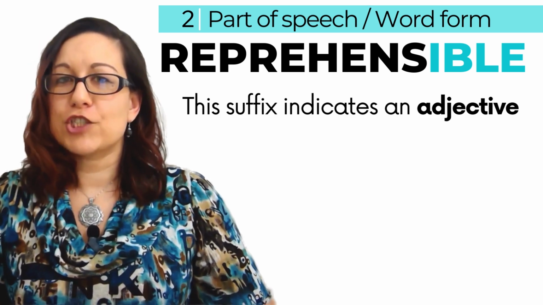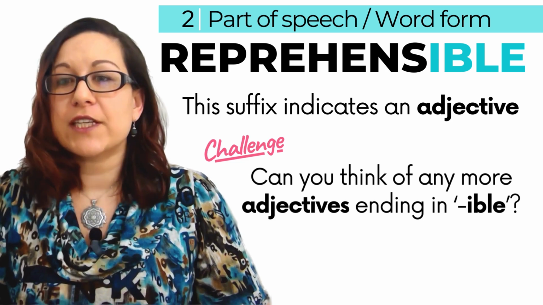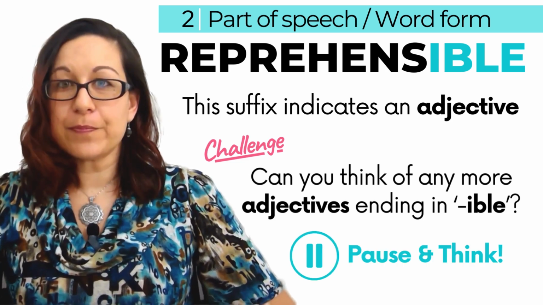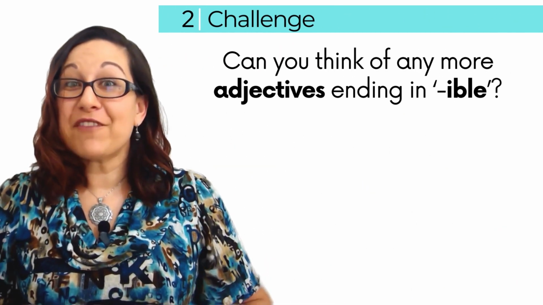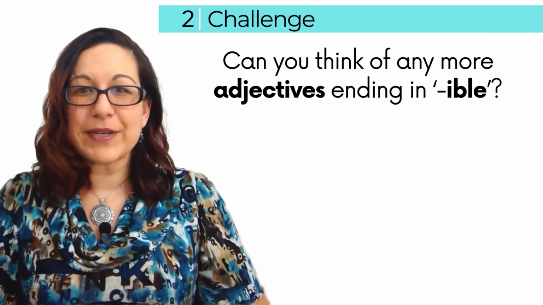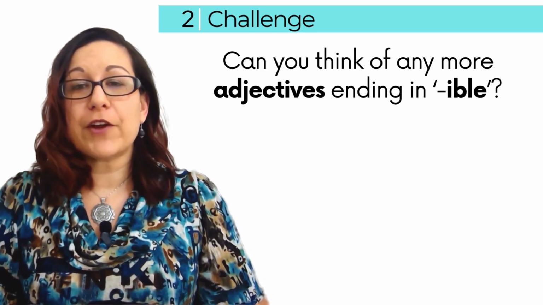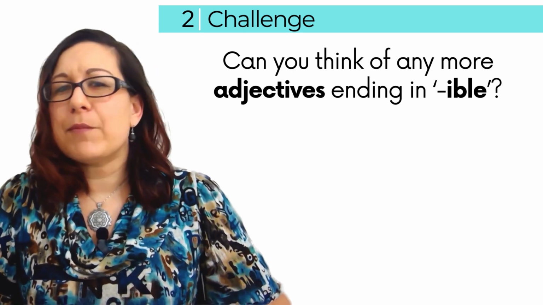So, challenge for you. Can you think of any more adjectives ending in able? Pause this video, think about it. I'll see you in a minute. Okay, do you have lots of able adjectives written down, or maybe just a couple? We do have variations on the spelling. So we've got able, able, able.